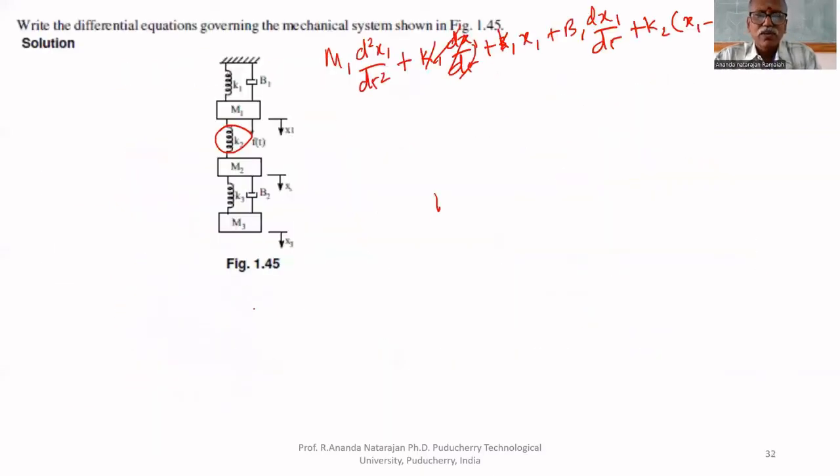So what do we have to do? Wherever you find M, replace by C1 d square phi 1 by dt square, plus K1.